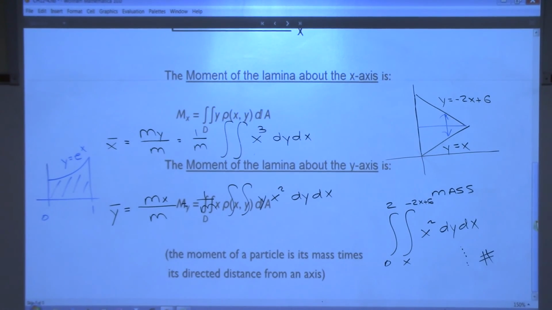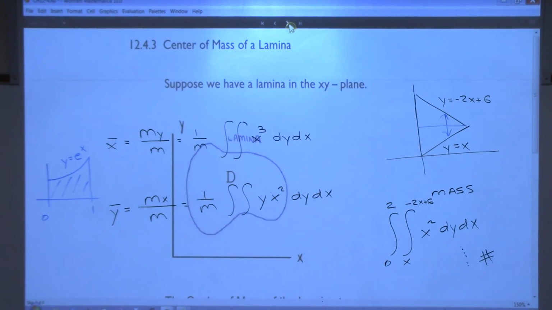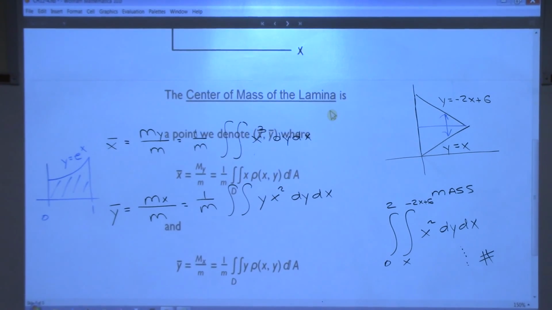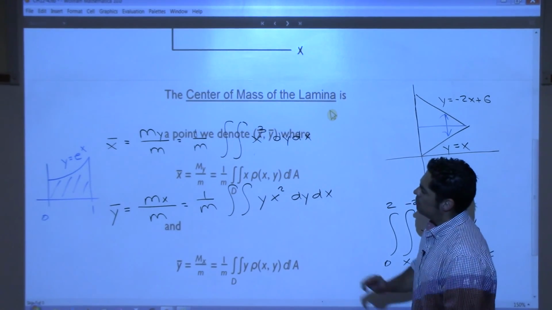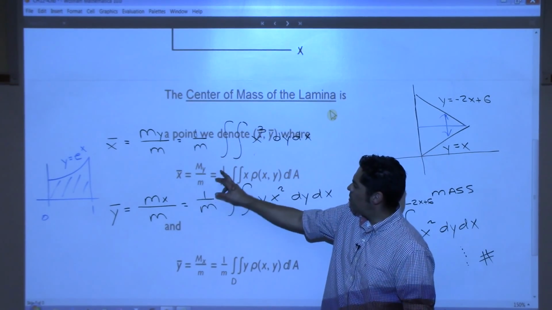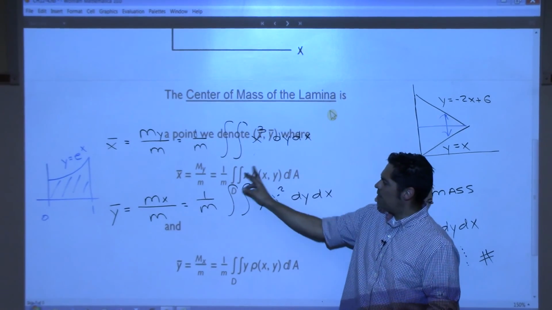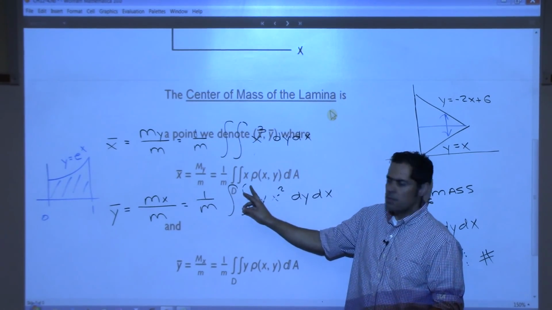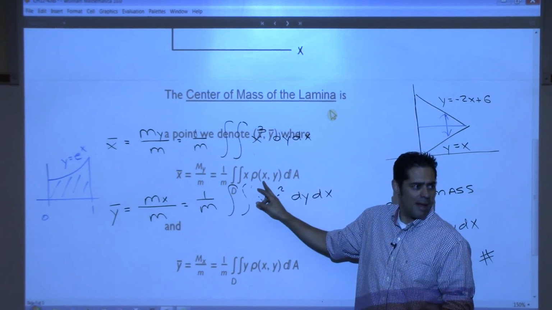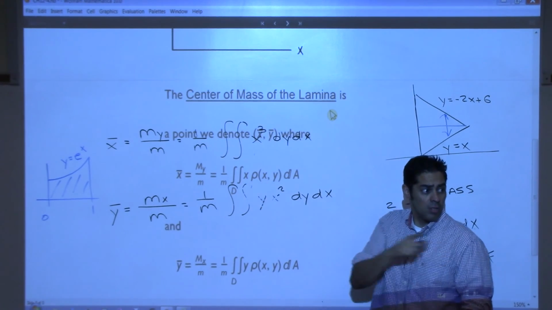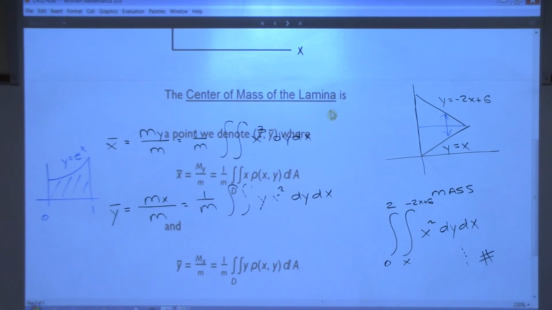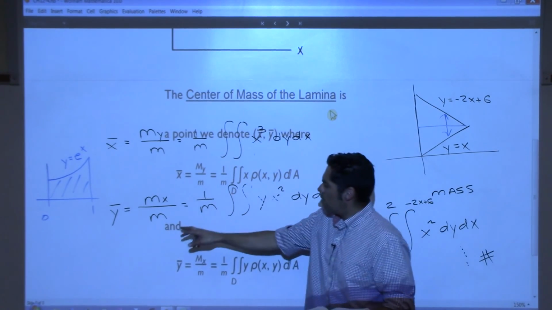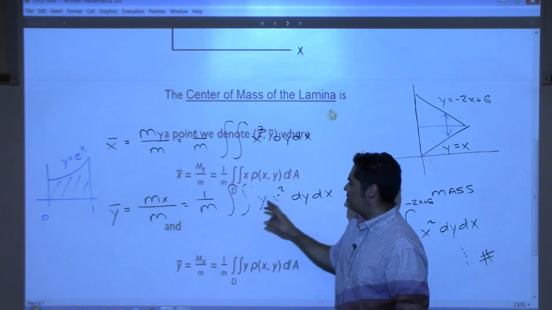And then x bar is the moment about y divided by m, which is 1 over m, and then this right here is the moment about y. So x times the density. Is that not what I have there? Yeah, you're right. I'm just making sure it's not a typo. And then the y bar is the moment about x over mass, which makes that a y.